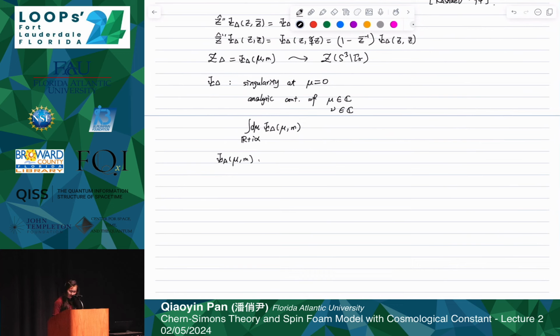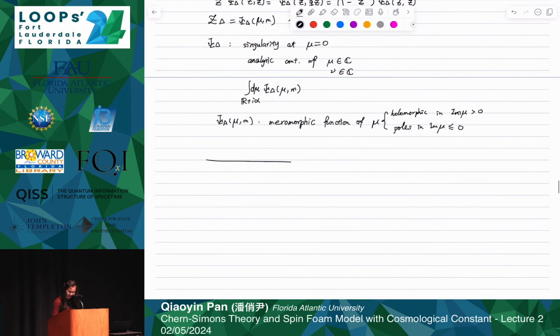And this turns out to be a meromorphic function of the variable mu. And in particular, it turns out to be holomorphic in the upper half plane of mu, so that when the imaginary part of mu is positive, it has poles only on the real line and in the lower half plane.